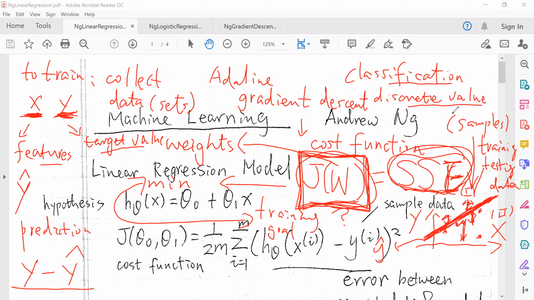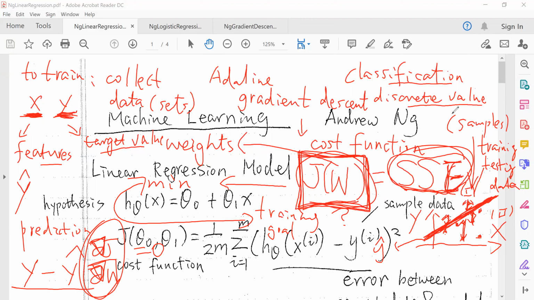Yeah, how do you do it? You can take a derivative. Take a derivative, a partial derivative if the weight is not a single value. You take the partial derivative regarding each weight and set it to 0.